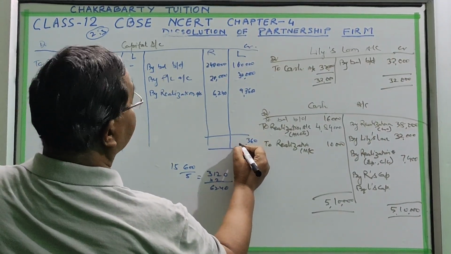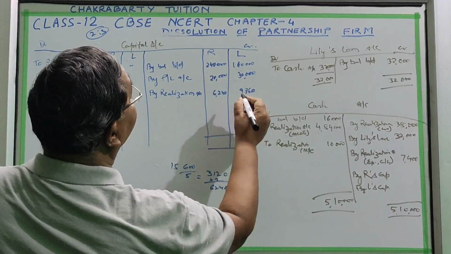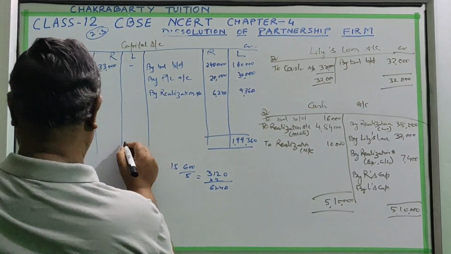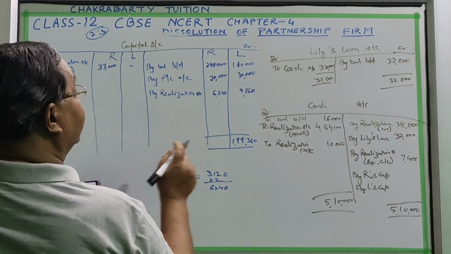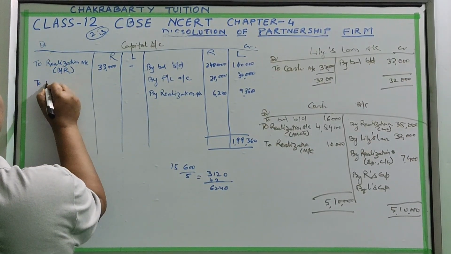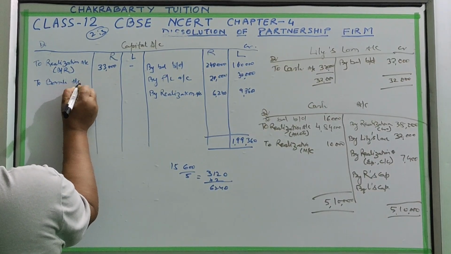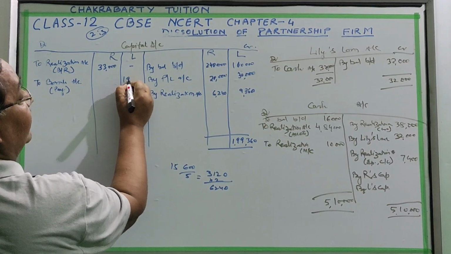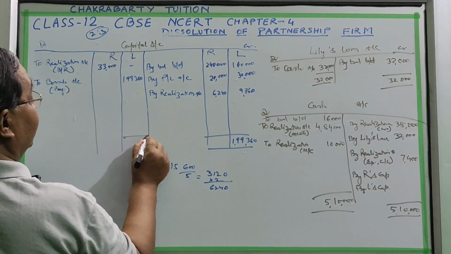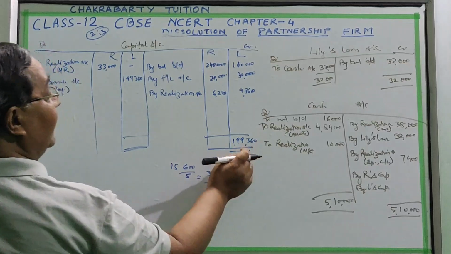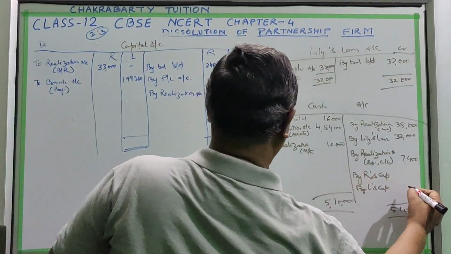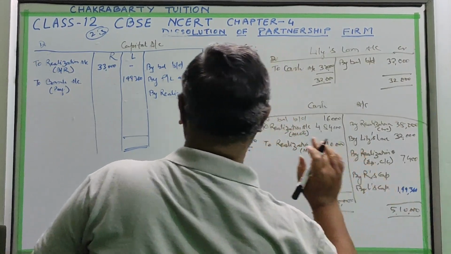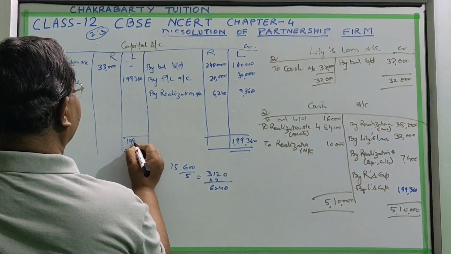It will come to 1,99,360. So we will write to bank account, the final payment to bank account, and this is payment. Payment is 1,99,360 and it will match. And this amount will come here also, 1,99,360 whatever is paid.